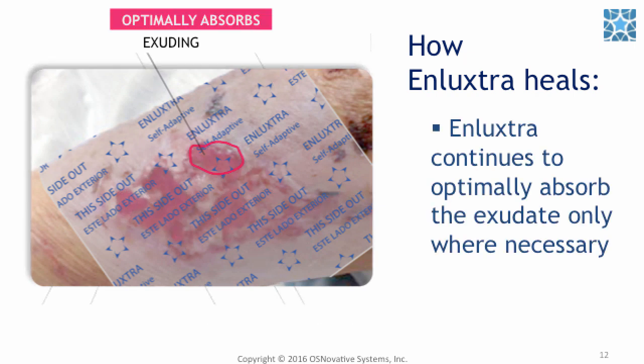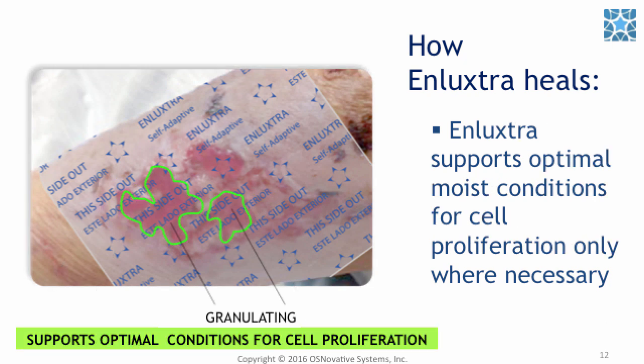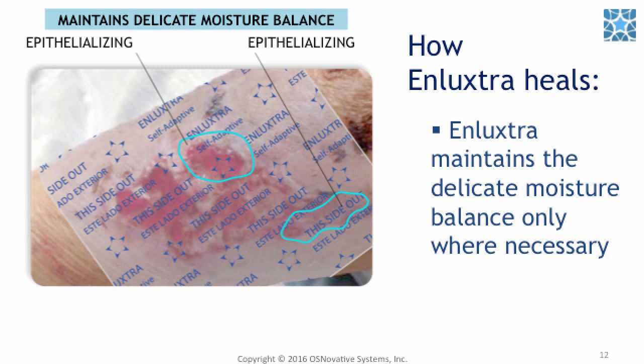This means it optimally absorbs in areas that need it. It continues to support the natural autolytic debridement process where necessary, while creating optimal conditions for quick cell proliferation, granulation, and other healing processes, while it also maintains the delicate moisture balance at all times.